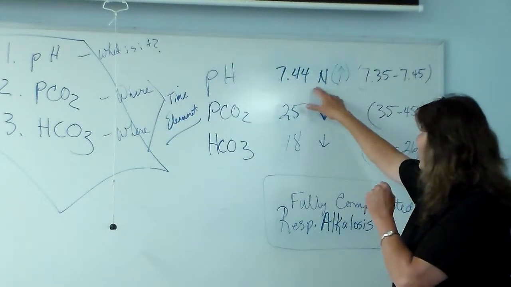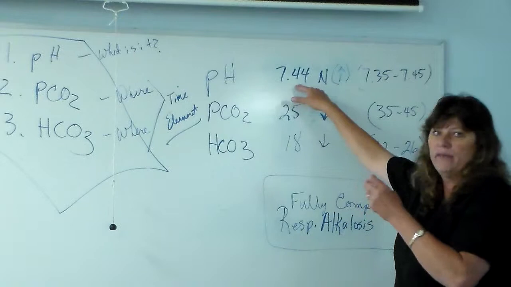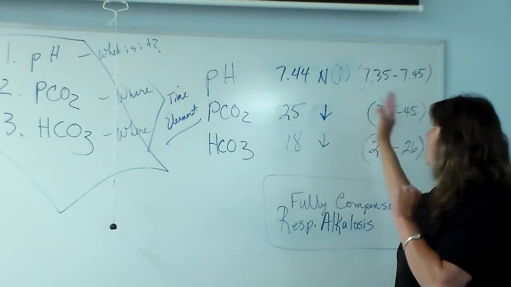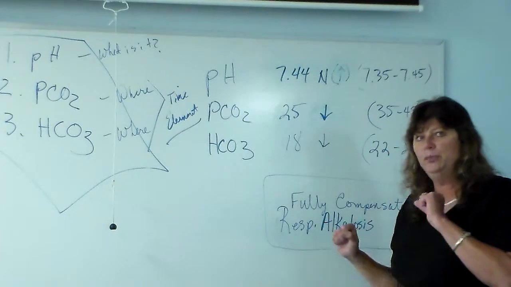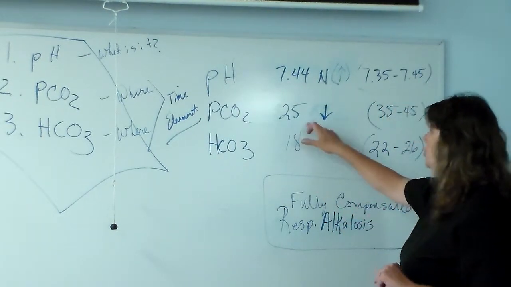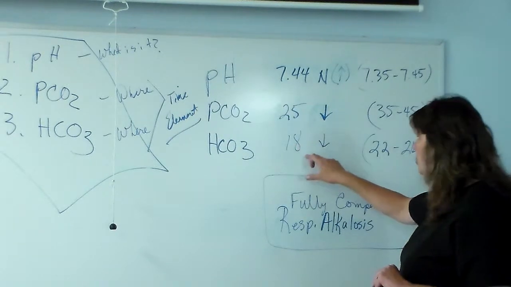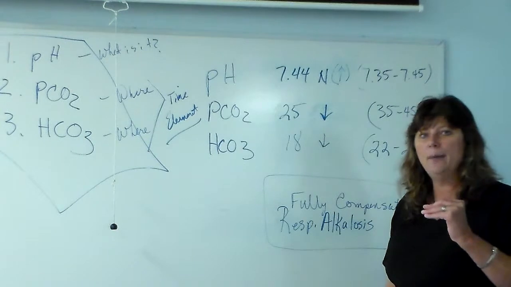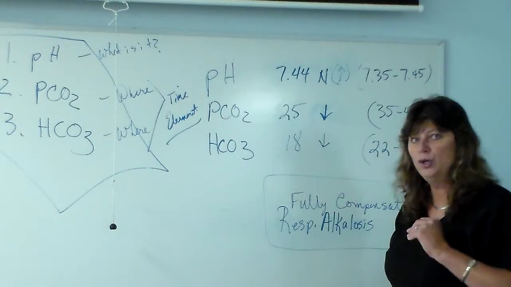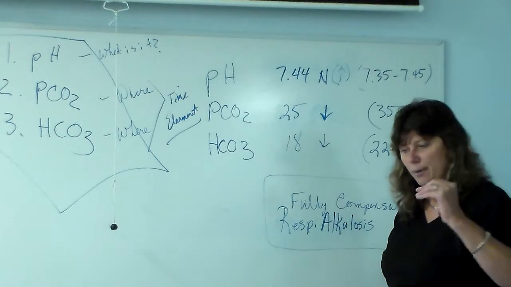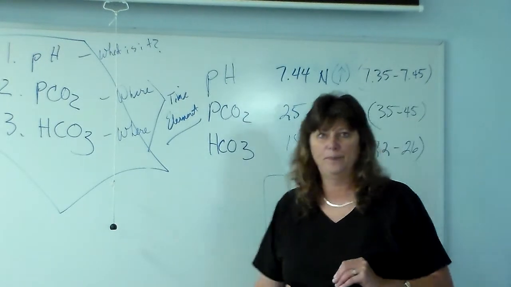So if it's normal and it is 7.44 or 7.42, it's still tending towards alkalosis, all right? And you should be thinking towards alkalosis. Then you're going to look at your PCO2, then your bicarb. Look at your arrows. Respiratory will be opposite, pH and CO2. Metabolic will be equal, pH and bicarb. Okay? All right.